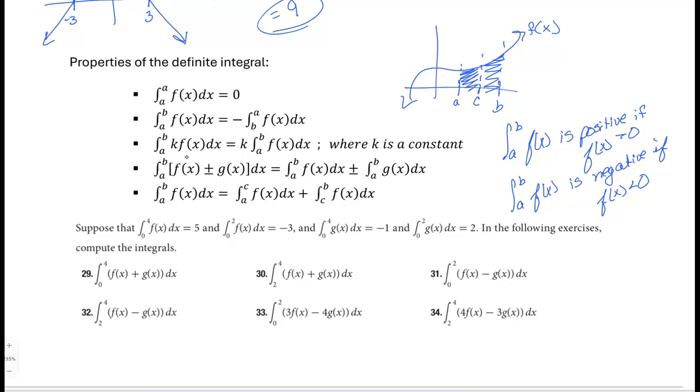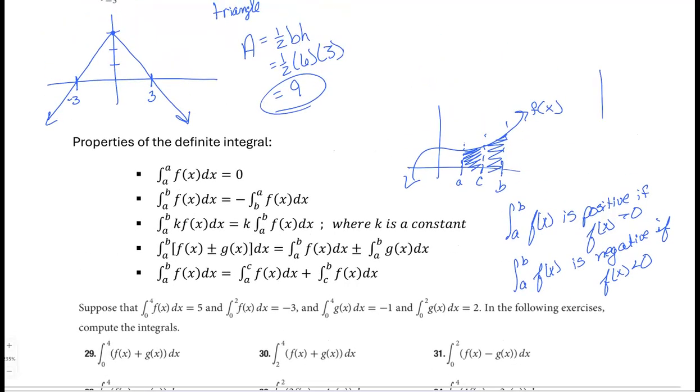So if those y values are negative, so this would give us a positive value. If our function was doing something like this, and I wanted to know what's happening between a and b, I'll call this function g of x. See how that function between those values lives below the axis? Then now I'm going to end up getting a negative number. So that negative just means it lives below, whereas positive means it lives above.